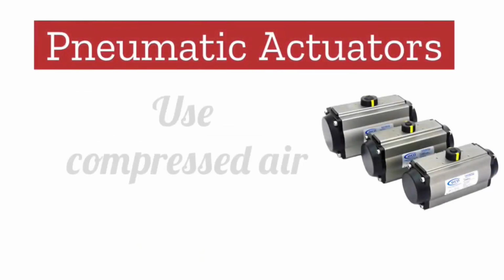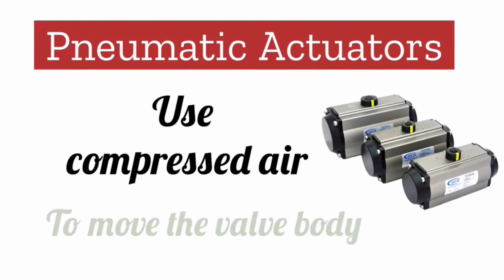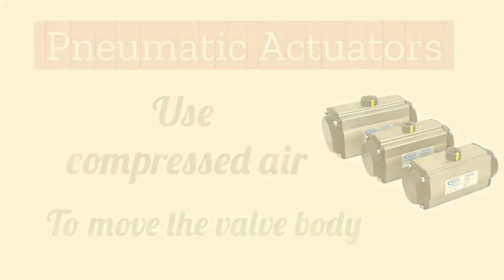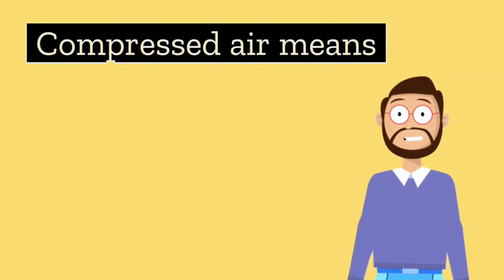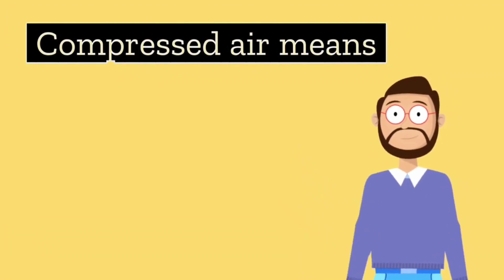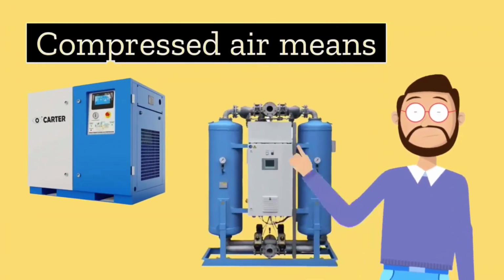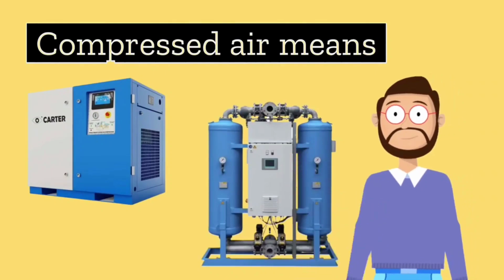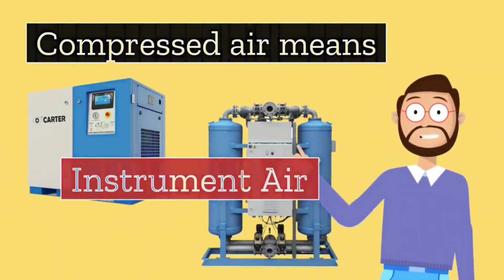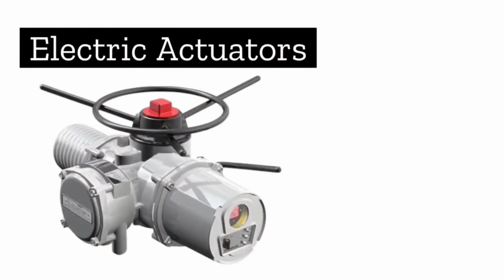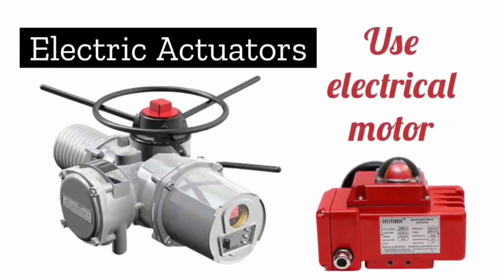Pneumatic actuators use compressed air to move the valve body. Compressed air means the air which is taken from an air compressor and air dryer. Somewhere it is also called instrument air. Whereas electric actuators use an electrical motor.